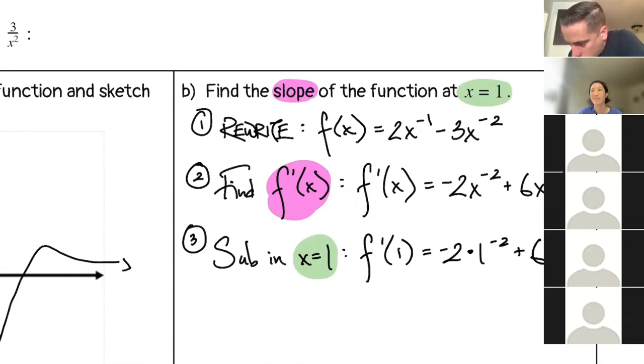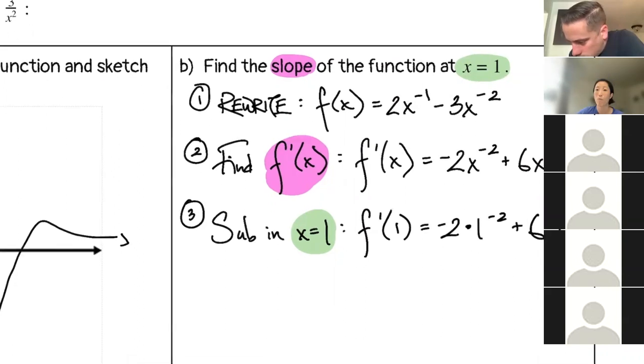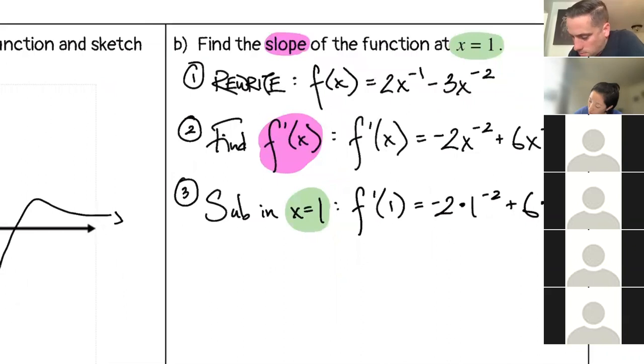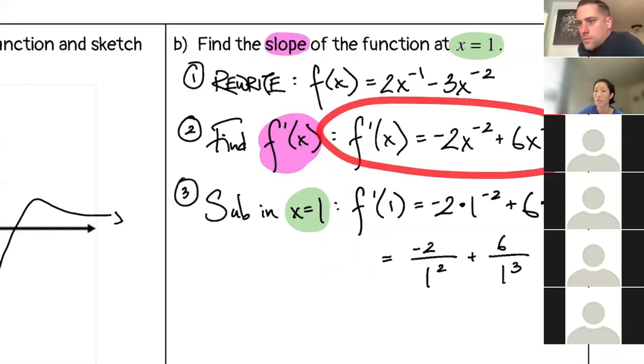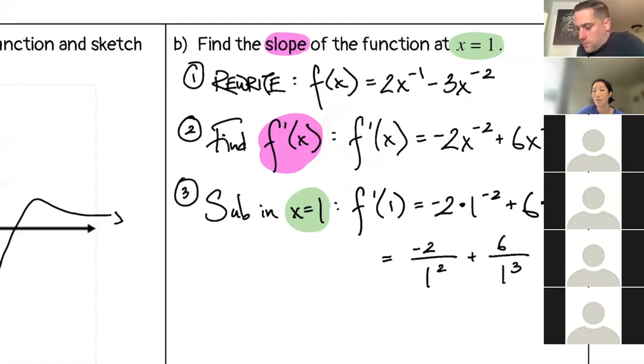We might notice that that's a little hard to calculate in our brains. I think it's not too bad because we have ones here, but you know what might make our lives easier if we rewrite it using positive exponents. Okay, and so I would encourage us at this point to maybe rewrite the function so that it's easier to plug numbers into.